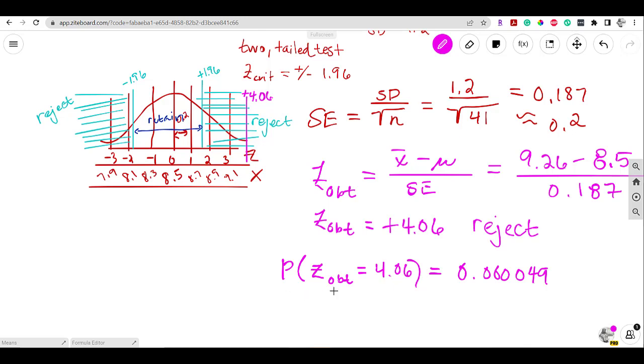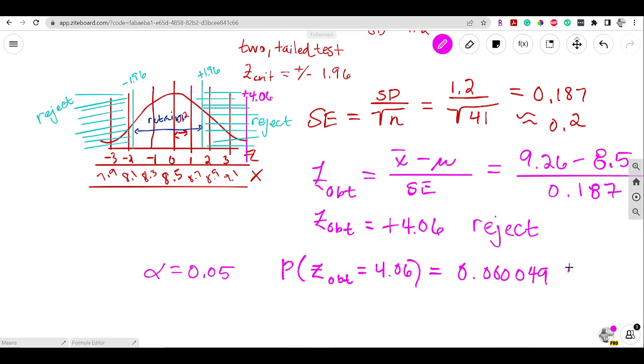For the p obtained, or the probability of the p obtained, I want to compare this to my alpha. Well, my alpha was 0.05. If my alpha is more than my p-value, then what this is telling me is I was willing to risk a 5% chance of creating a type 1 error, and this is telling me that I'm likely to commit a type 1 error with a 0.000049 probability if I reject with a z-score of 4.06.